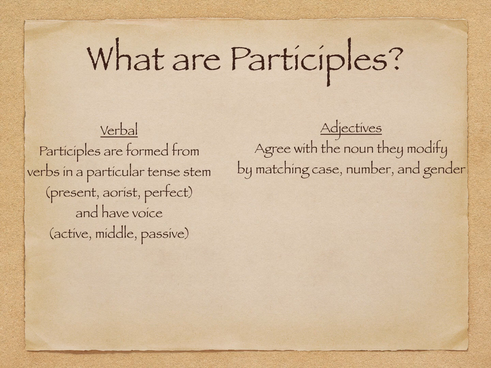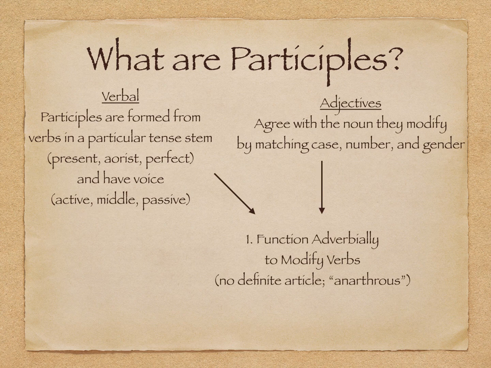As verbal adjectives, participles can do two things. One, they can modify verbs. They function adverbially to modify a verb. In this function, they are anarthrous. They do not have a definite article, and they modify a verb.